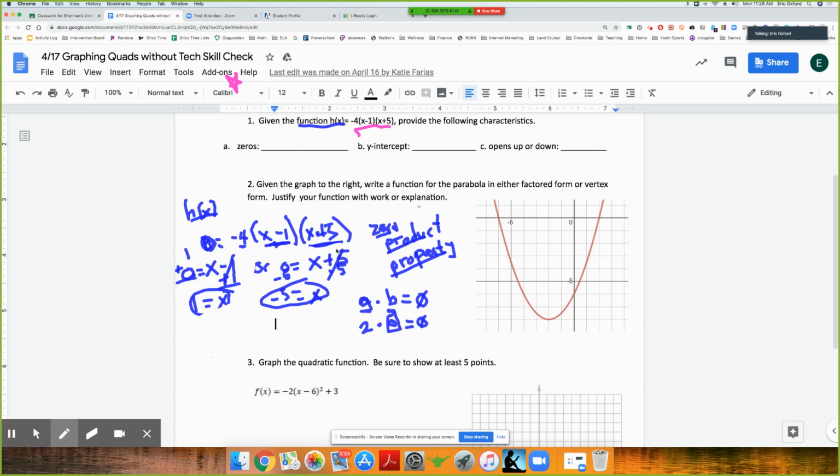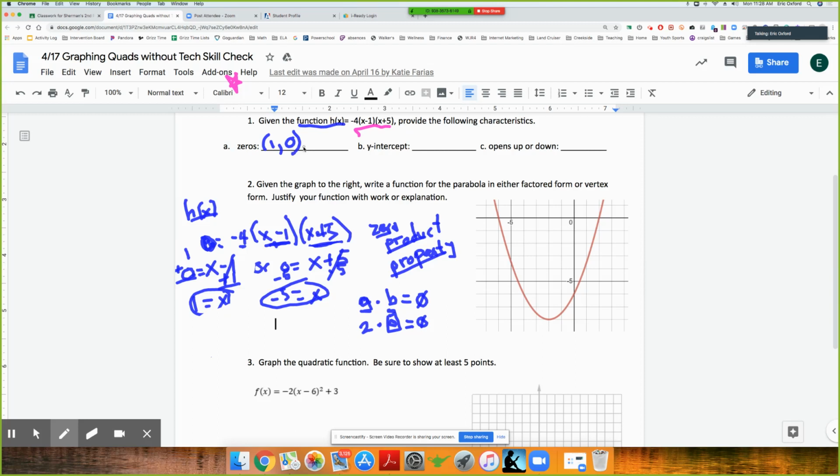And so I'm going to go over here to the parabola. So my zeros are, I'm going to list them out right here. My x over here, my first one was 1. And we were setting it equal to h of x, which is 0. So h of x, or the second number in the ordered pair, would be 0.